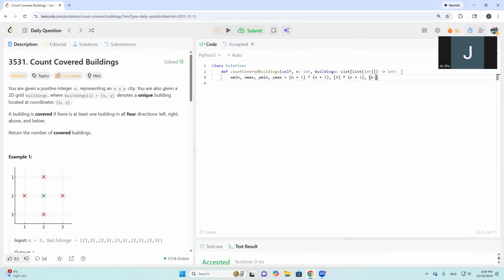And y min will be n plus 1 multiplied by n plus 1, and y max will be 0 multiplied by n plus 1, right?